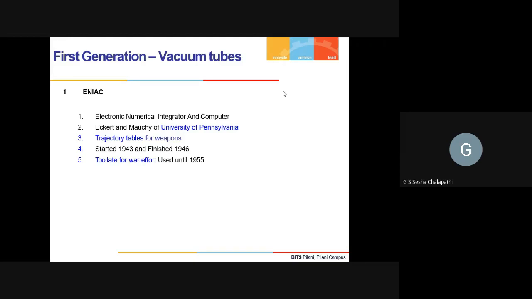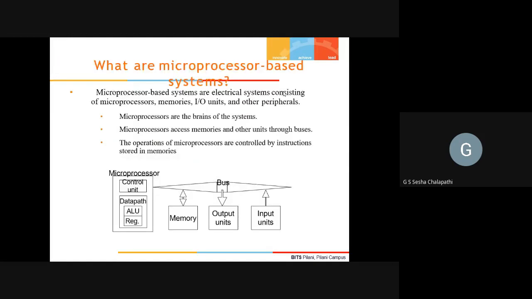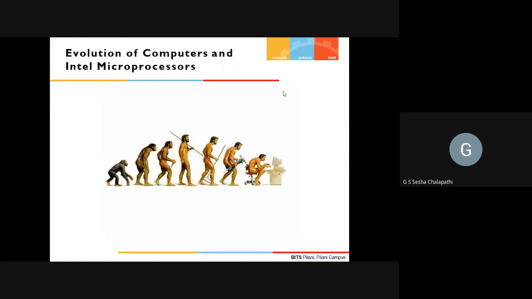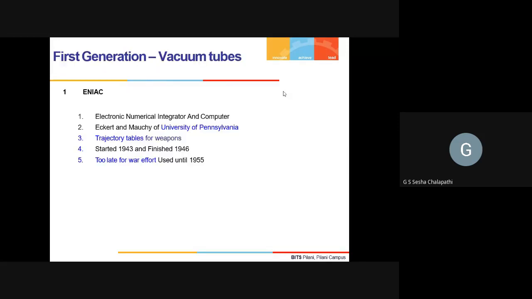So it was a very evolved way of computing, and it's not as people generally say, showing a picture and saying that man started from an ape, which is not true as per my understanding and evidence. There is a lot of evidence for this. People even thousands and lakhs of years back were very advanced and had very advanced capabilities in terms of computation. In terms of modern computation, it started with ENIAC.